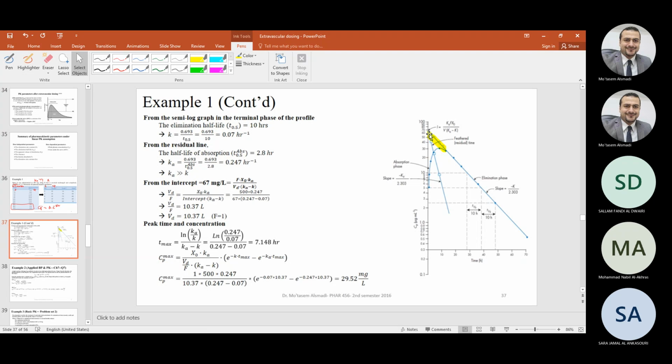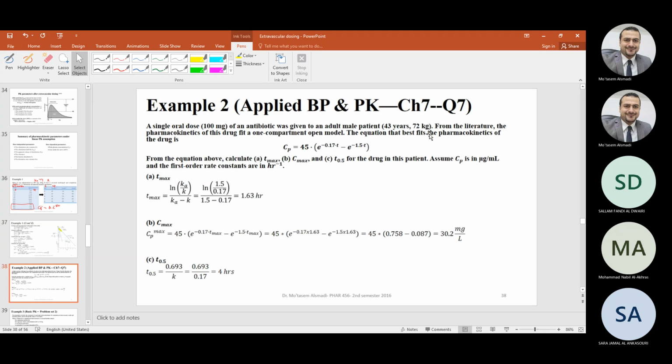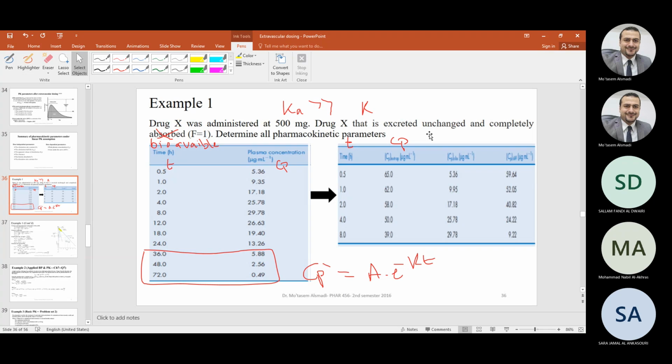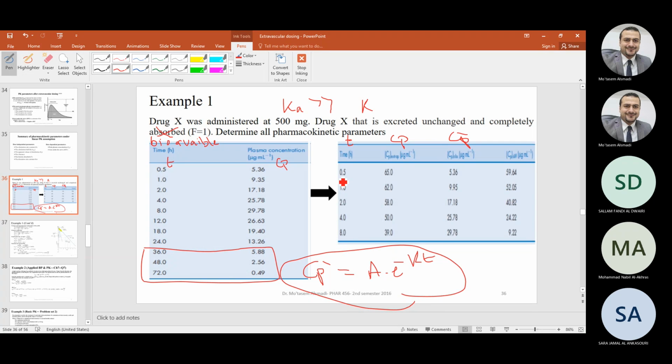And the next step was to take the difference between the Cp prime, which is this one. Now we have Cp prime here that we just calculated using this equation, right? And we did that in the absorption phase.